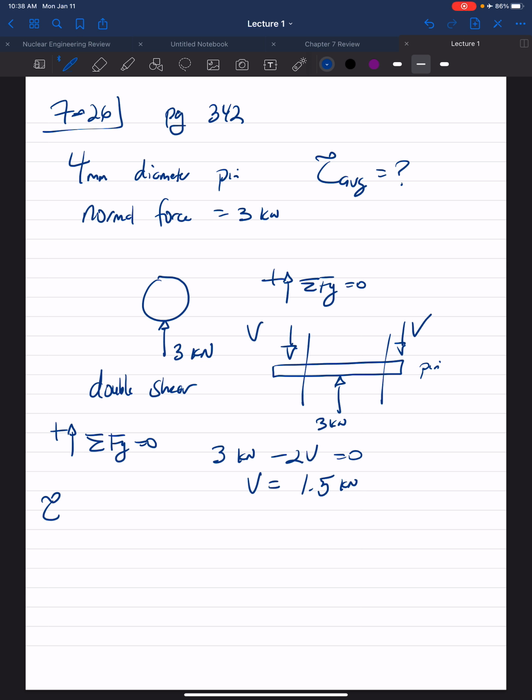Therefore, my average shear stress is V over A, 1.5 times 10 to the 3 newtons, over the area. It's a 4 mm diameter pin, which is pi over 4 times 0.004 meters squared.